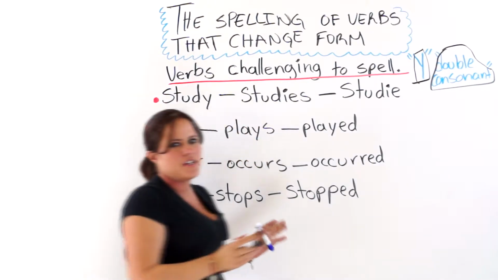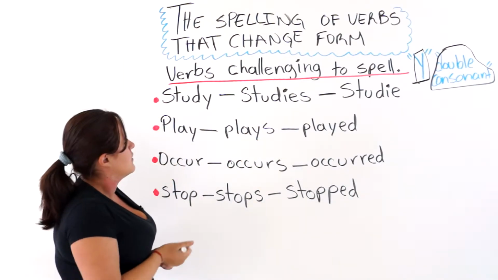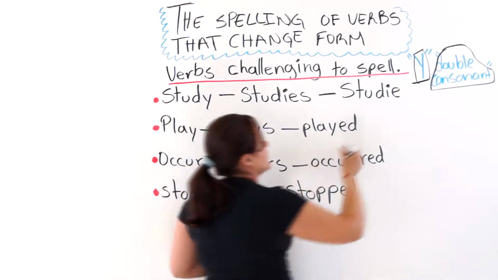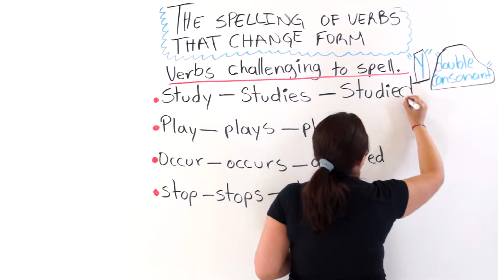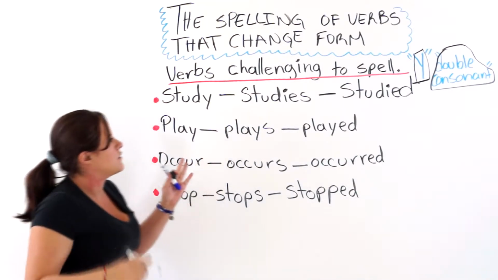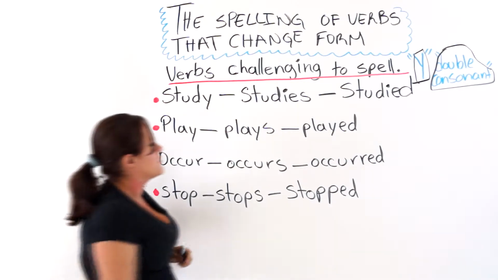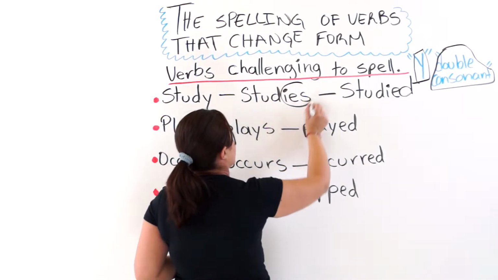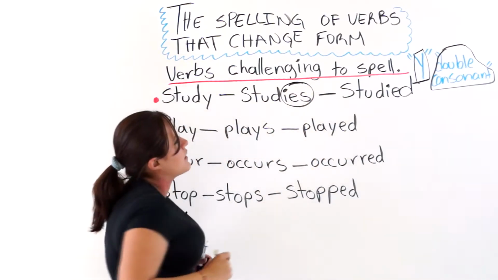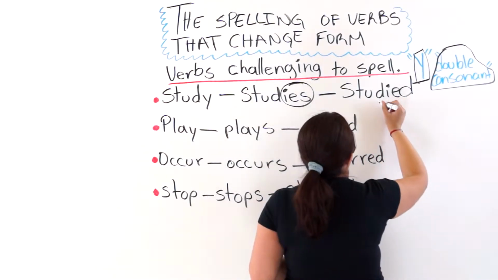Alright, for example, verbs that end in Y, for example, study. The present tense, when you speak in third person, you change it to studies. You add IES, replacing the Y. And in past tense is IED, studied.